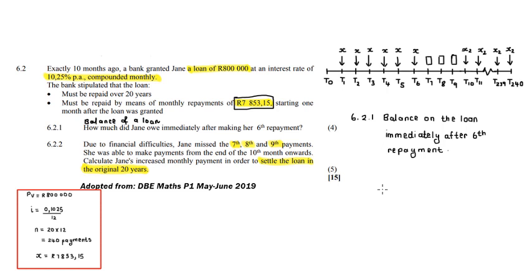This all depends on what your teacher told you. You can use the future value annuity method to calculate the balance on the loan. However, I am only going to stick to the present value method of calculating the balance on a loan.